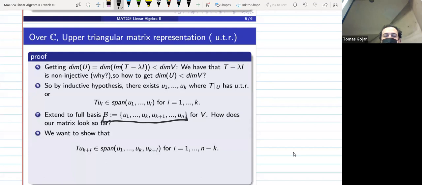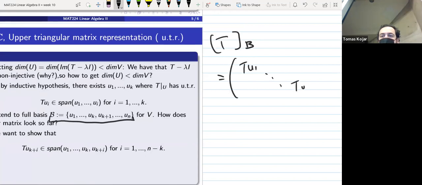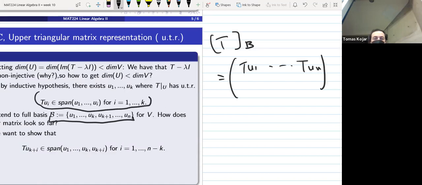You want to find TB, which is TU_1 all the way to TU_n, like column vectors. But you already know you have the span condition for the first k of them. So can somebody tell me what the matrix looks like up to now?